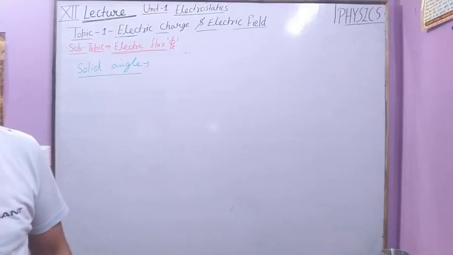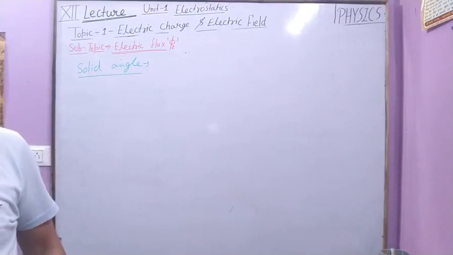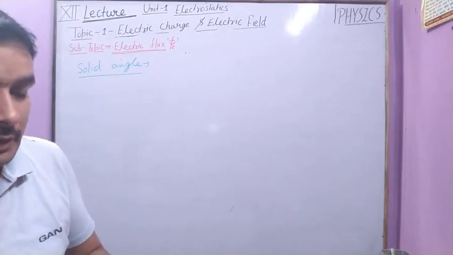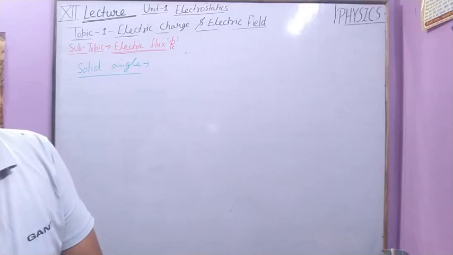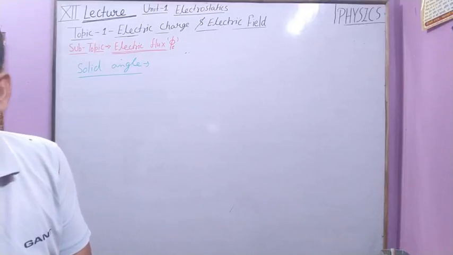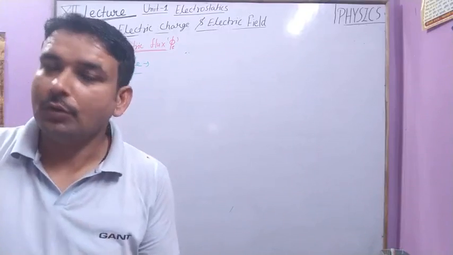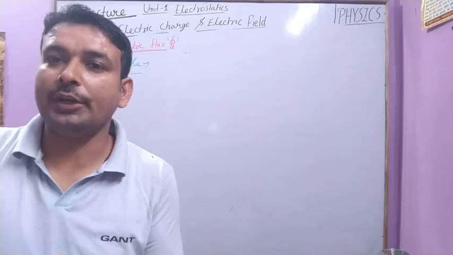Simply, a solid angle is the angle in three-dimensional space, which is equal to the plane angle in 2D.